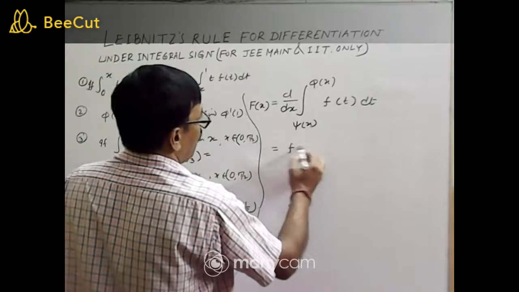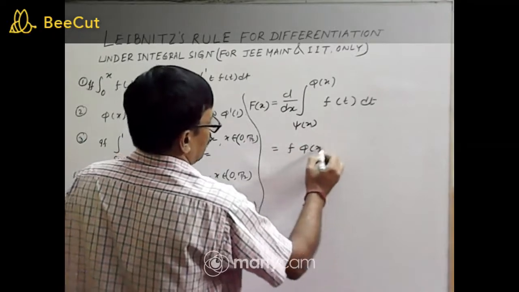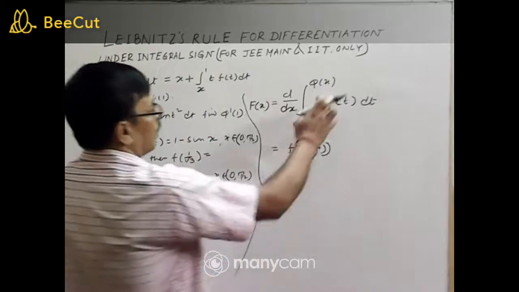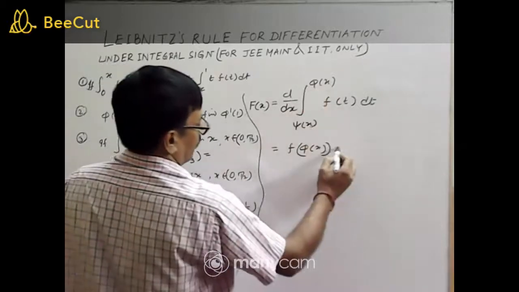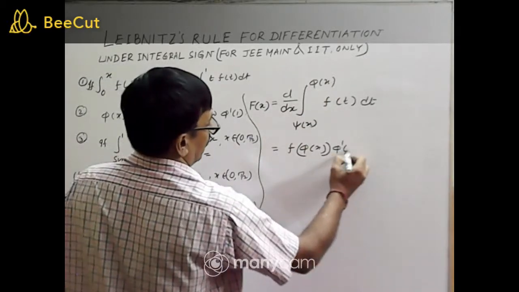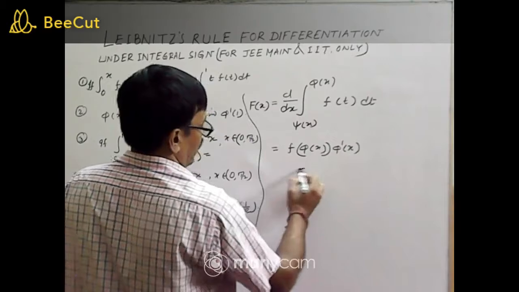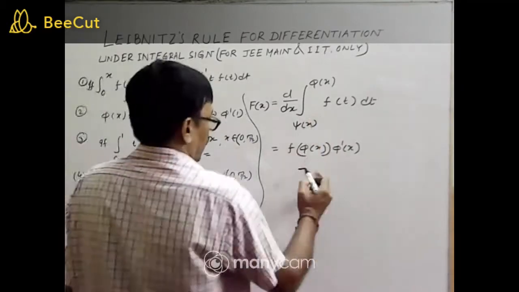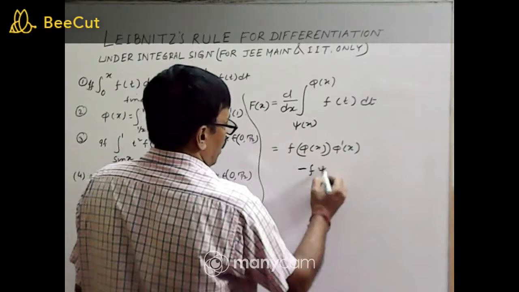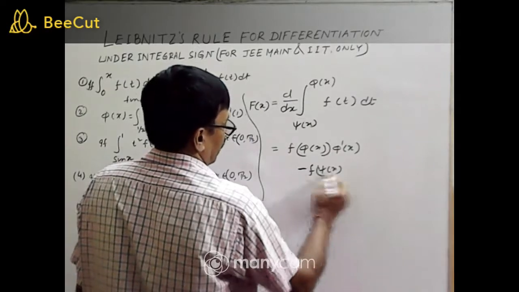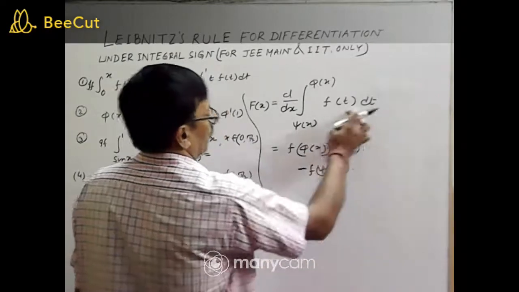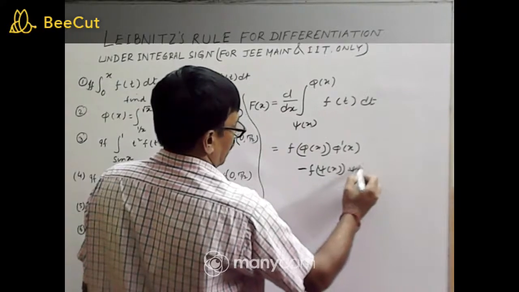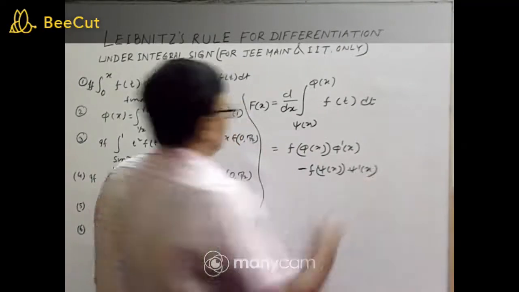So f of upper limit, t is replaced by the upper limit, then the derivative of the upper limit, minus f of lower limit, then the derivative of the lower limit.